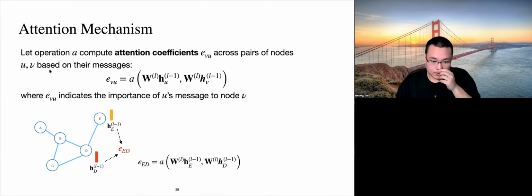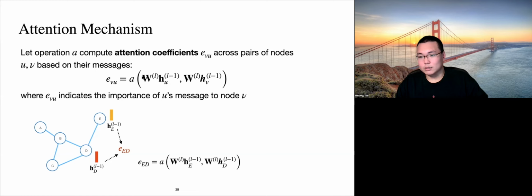So we will use a mechanism to compute our attention. Let's say operation A computes the attention coefficients e_vu across pairs of nodes u, v based on their messages. Here's the previous layer neighborhood message, and here's the node itself's message.